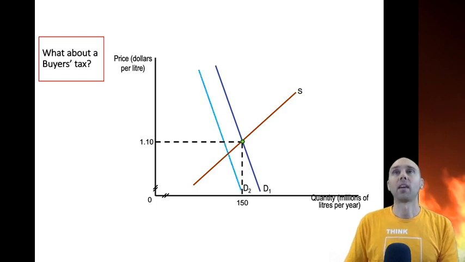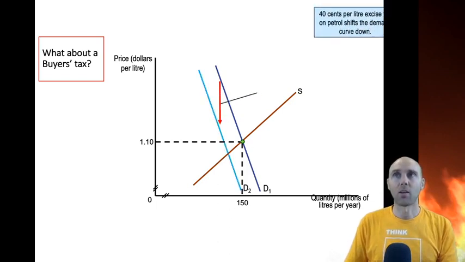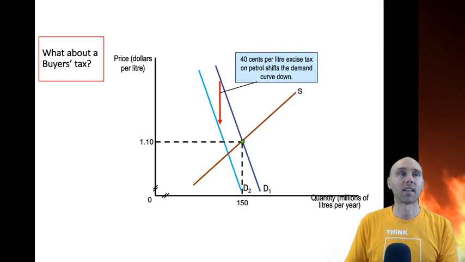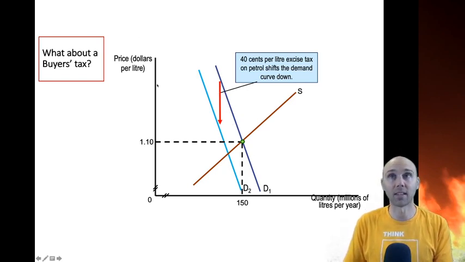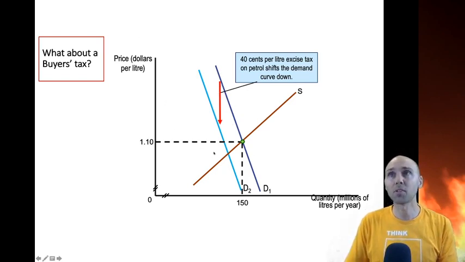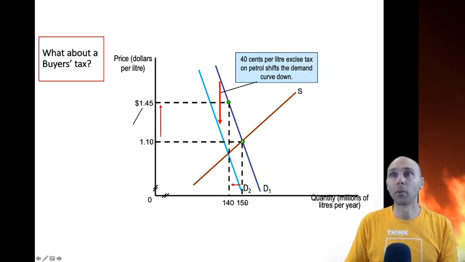Well, it's again a 40 cent per litre excise tax on petrol, and that means that at every quantity the demand curve now has to be lower by 40 cents. So even though we've shifted it to the left, it's easier to think about it as shifting down by exactly 40 cents. When that happens, we get a new equilibrium point, but at this new equilibrium point, the quantity has decreased by exactly the same amount, down to 140 million litres.